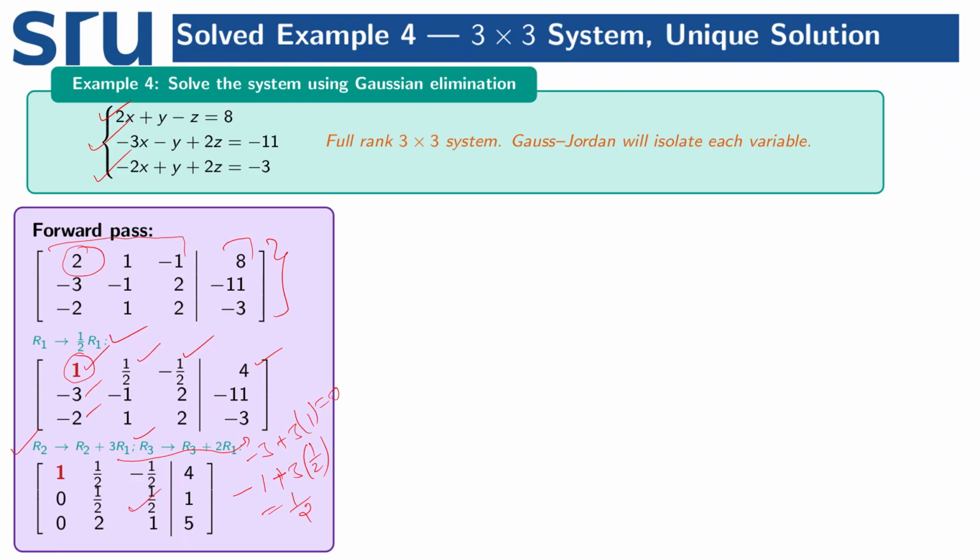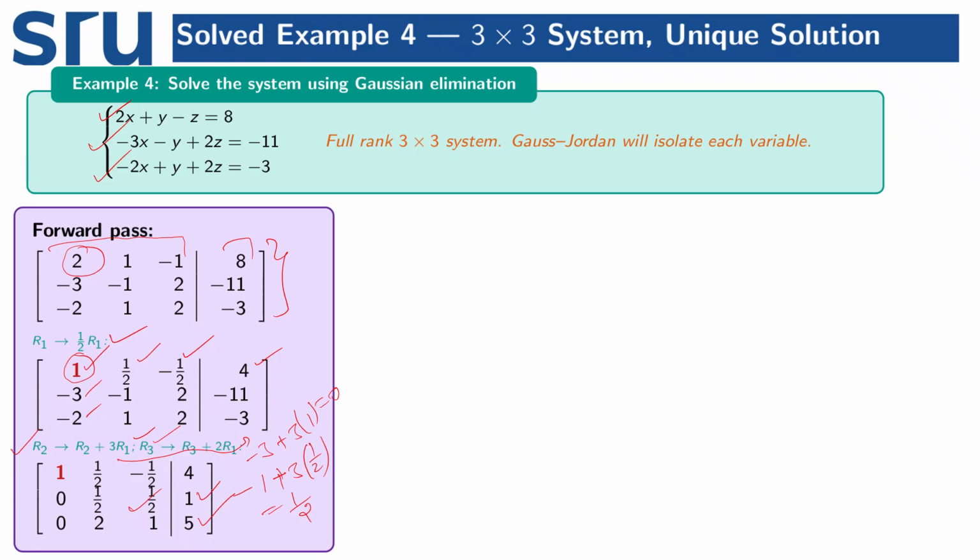So next it will become 1 at this place. Then you can similarly apply the second operation, row 3 changes to row 3 plus 2 times row 1, and you will get the row as 0, 2, 1, and 5 at the end.